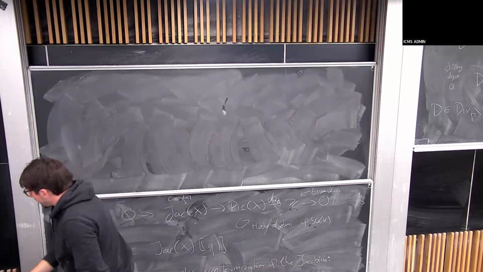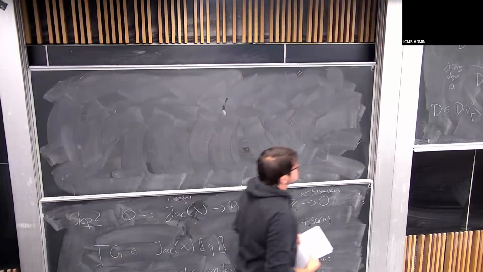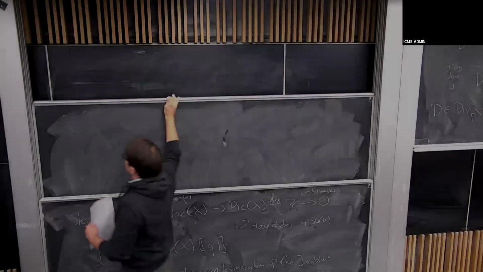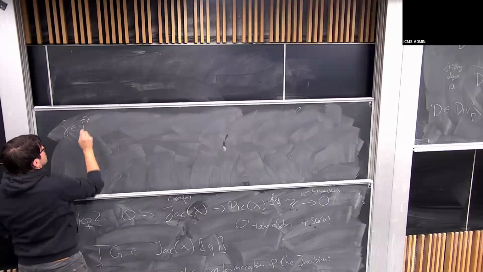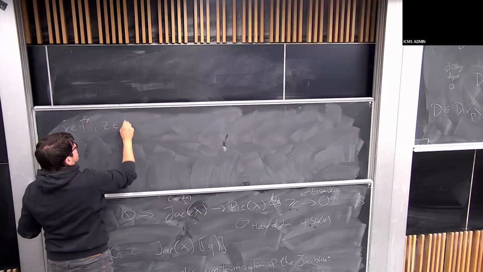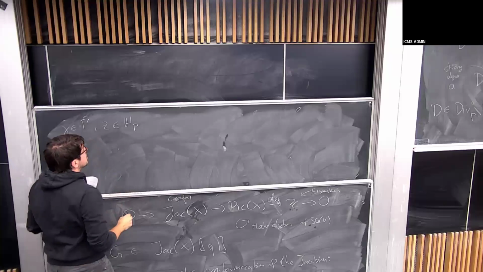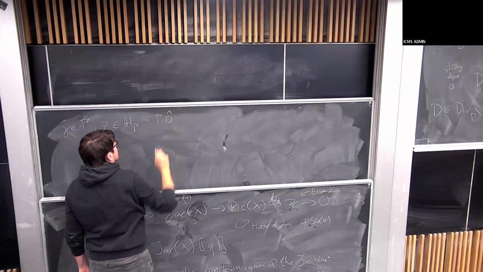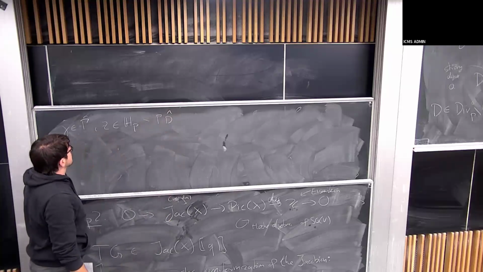So I want to produce an element in Hom(gamma, CP star). So I just take a gamma in Gamma, and a point z in HP that's not in the gamma translate of this divisor.